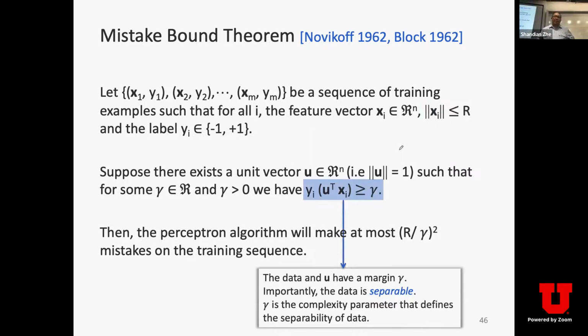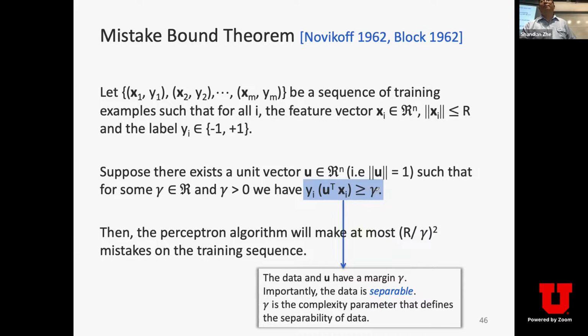Now, the interesting things come from the second precondition. The second precondition says that we have a separating hyperplane u, but u has the norm to be 1. And for every training example, we have yi times u transpose xi no less than gamma.